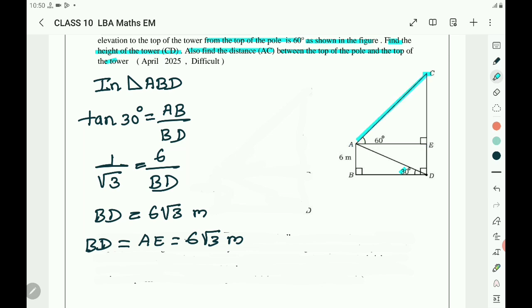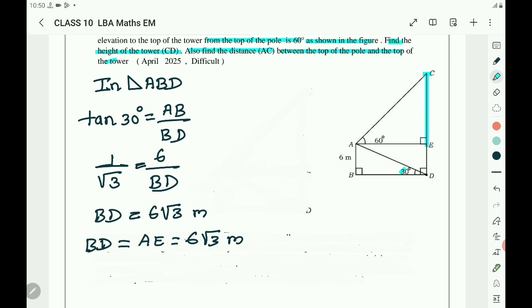And to get AC, AC is the hypotenuse, we can use the cos theta or sin theta. If you use CE by AC, that is the opposite side by hypotenuse, that becomes sin theta. If you use AE by AC, that is the adjacent side by hypotenuse, which is cos theta. You can use sin theta or cos theta.